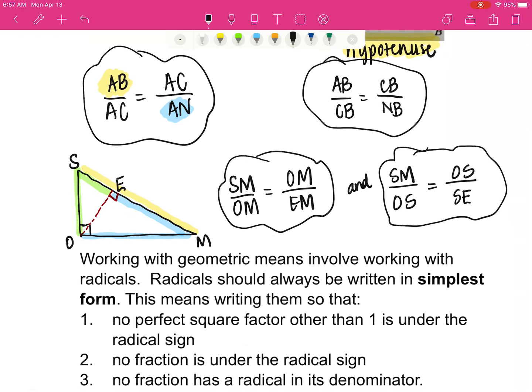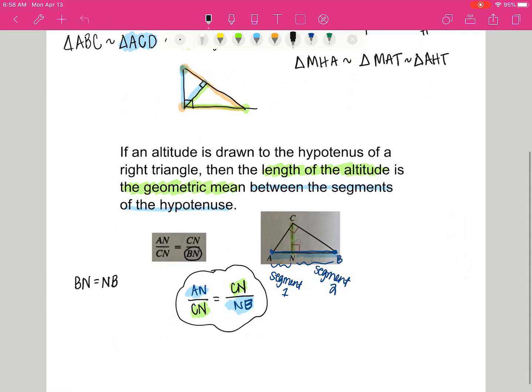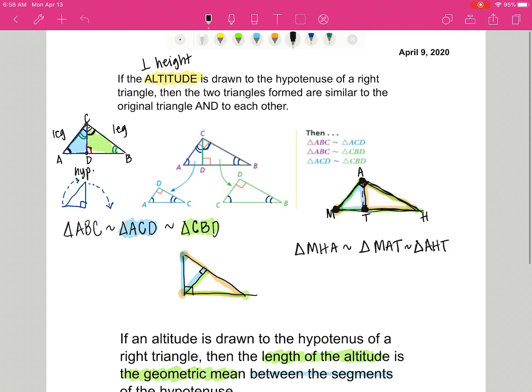So I would advise maybe working with these two ideas, this proportion right here, this relationship with the geometric mean, and then also these similar triangles, just figuring out which triangles are similar to one another. This right here is a great picture because it's got color. So I would practice maybe drawing a right triangle and then using color, just so that you can get an idea of breaking those two triangles apart and creating the similarity statements.